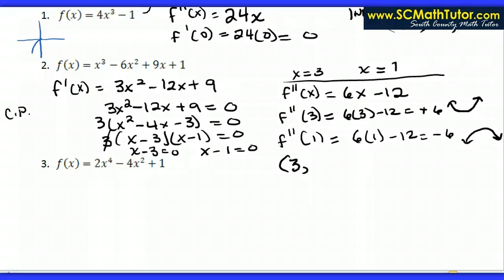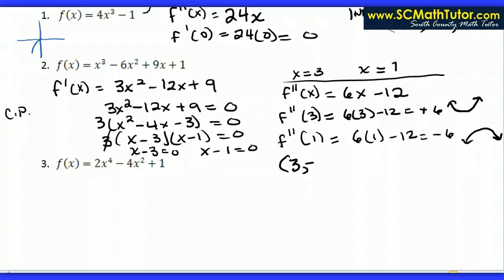So you have negative 3 cubed, minus 6 times 3 squared, plus 9 times 3, plus 1, and that gives you negative 53.